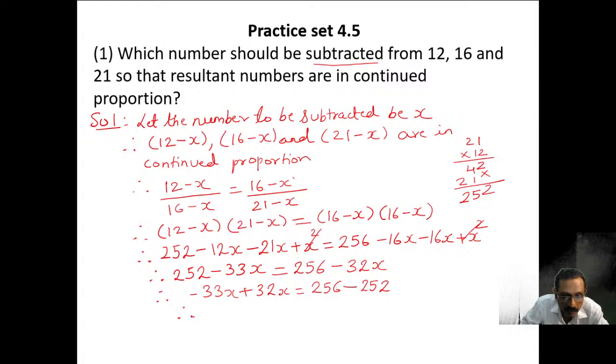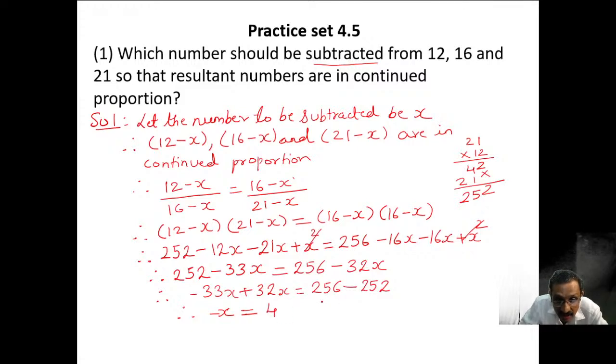Therefore, what do I get here? I've got one minus sign and one plus sign. What I am going to do? I'm going to subtract. And as I subtract, I get x here. But the sign of the greater number, which is the greater number? 33 is the greater number. And what sign does 33 have? 33 has a minus sign, so it will be minus x, which is equal to 256 minus 252 gives me 4.